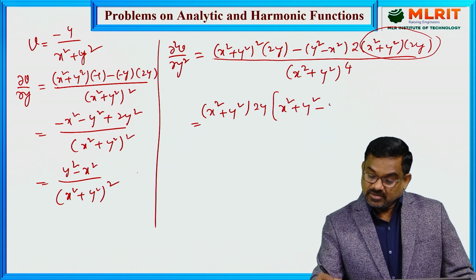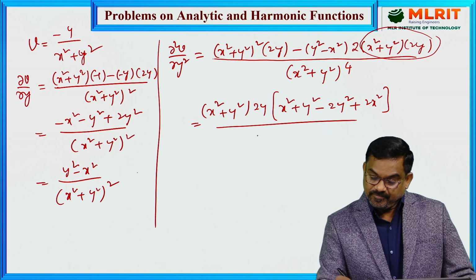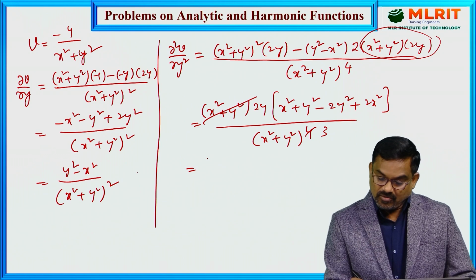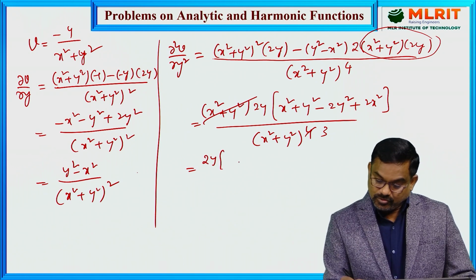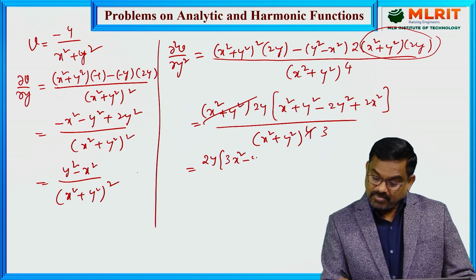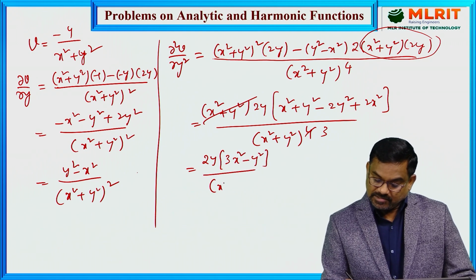Minus 2y square plus 2x square by x square plus y square power 4, and this 3 times cancel, and now 2y into 3x square minus y square by x square plus y square power 3.